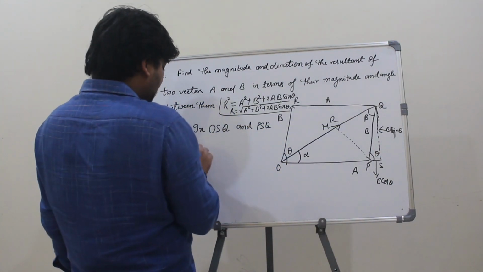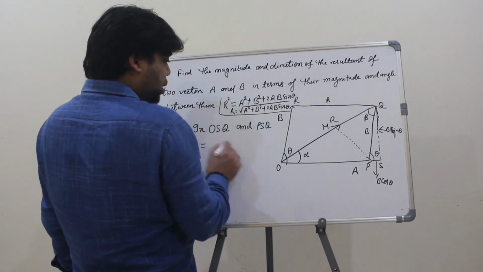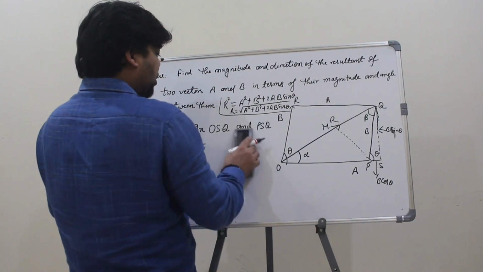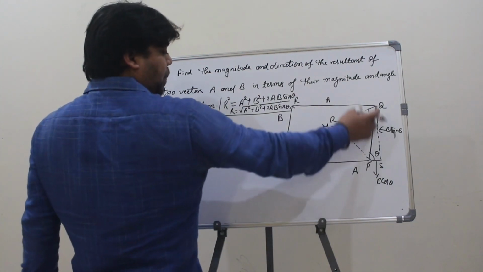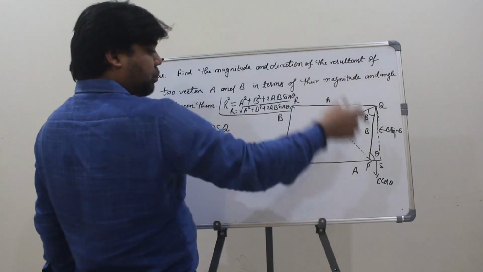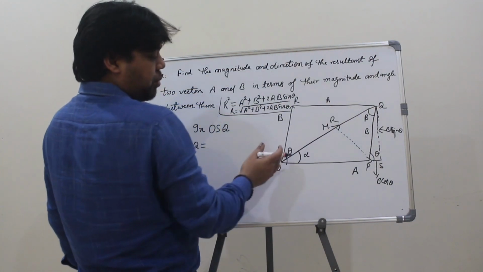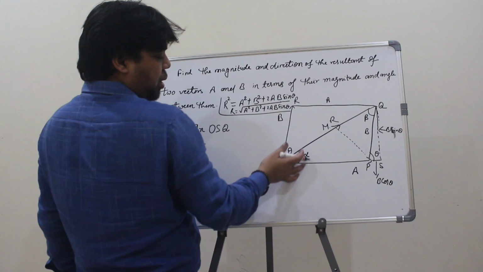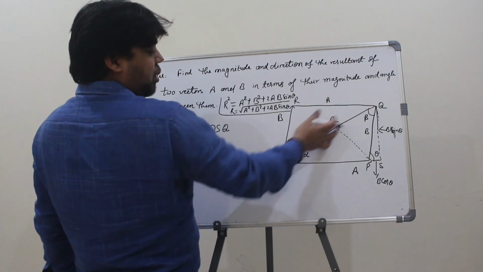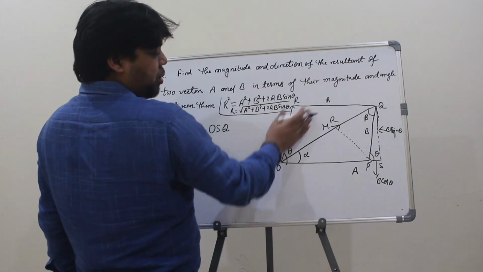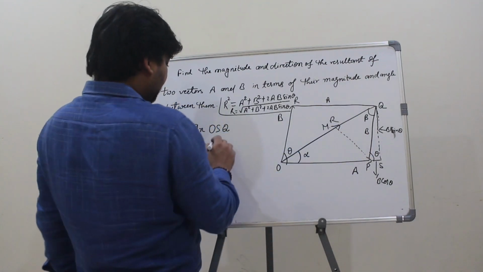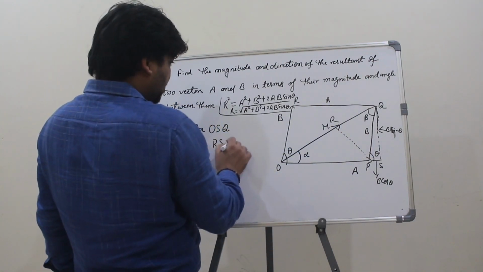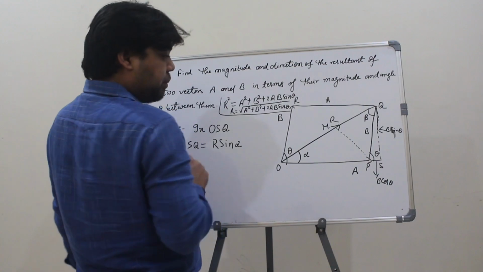In triangle OSQ, with angle alpha and hypotenuse R, this is R cos alpha and this is R sin alpha. So SQ is R sin alpha.